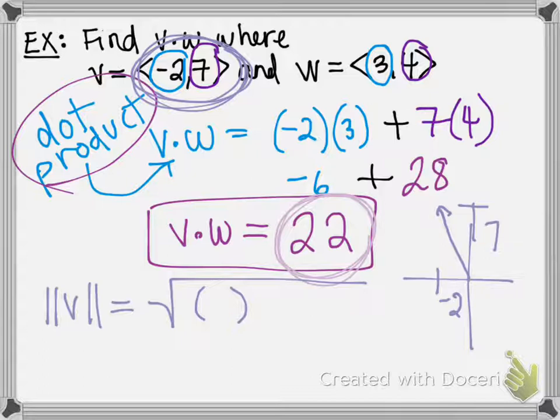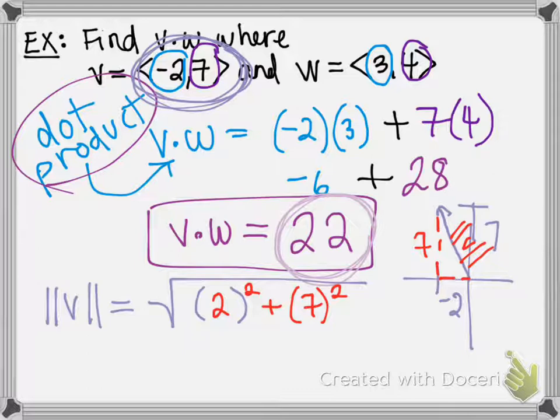So what I'm trying to find when I do magnitude is the length of that by dropping in a right triangle right here. And so I'm just doing 2 squared plus 7 squared, and then taking the square root, which is going to find the magnitude, which is located right here on the hypotenuse. Okay, so hopefully that visual helps.